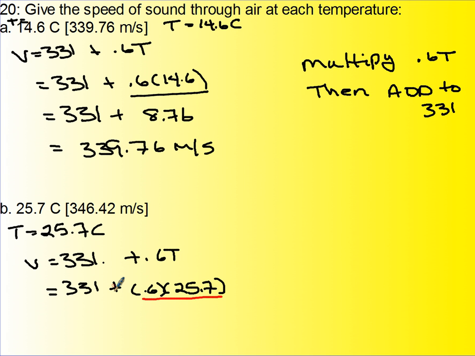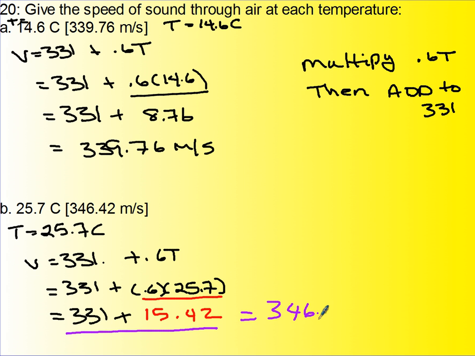First step is do this multiplication: 0.6 times 25.7 is 15.42. And after that, you add the two numbers together. 331 plus 15.42 is 346.42 meters per second.